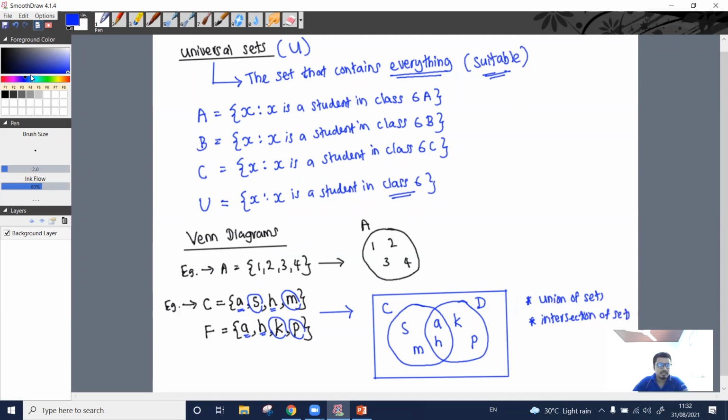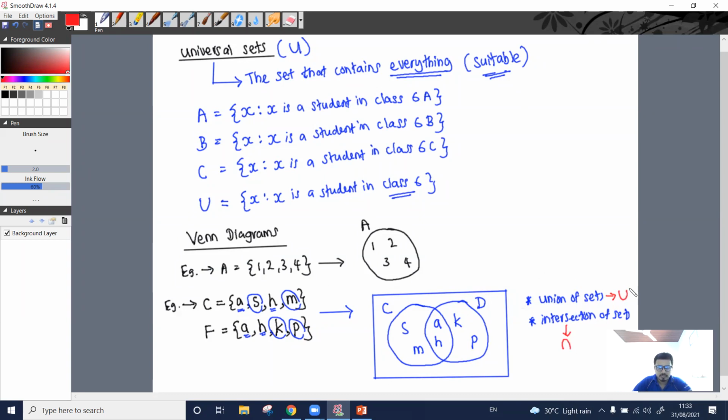Union of sets, what is the symbol we are using? This is the symbol we are using. Intersection of sets. Okay, union and intersection.